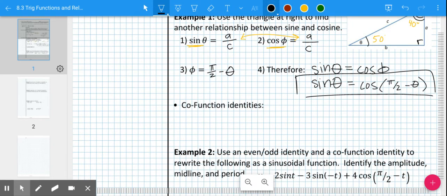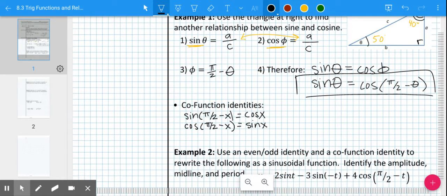The first one is kind of the reverse of what we had actually. It's sine of pi over 2 minus x is equal to cos of x. The second one is what we just saw above. Cosine of pi over 2 minus x is equal to sine of x.